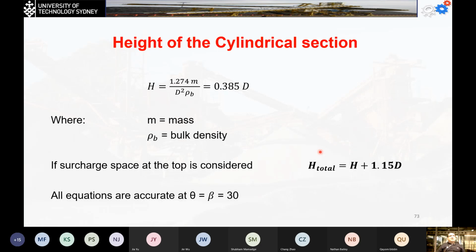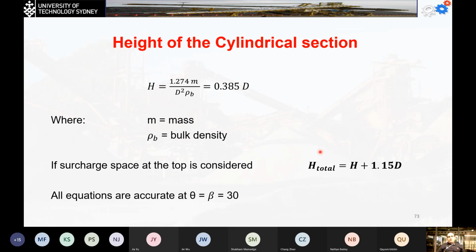Okay, so the total height, if we are going to consider the surcharge space at the top, is going to be equal to the height calculated earlier based on the diameter, plus 1.15 D. And of course, this will be more than 4 diameters.